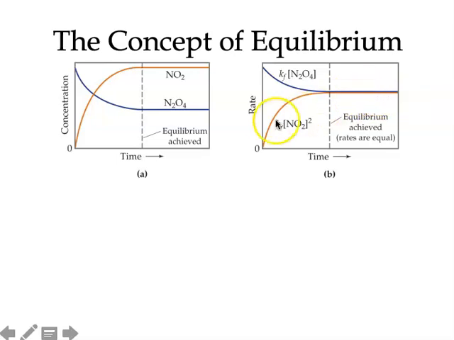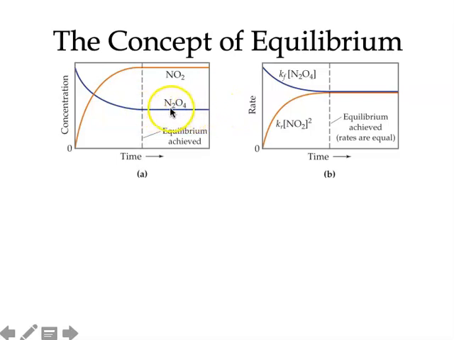And so that's kind of important. It's probably easier to think about from the point of view of the reactant, right? We see that as the reactant reacts, it goes down, down, down, down, and eventually it just levels out.